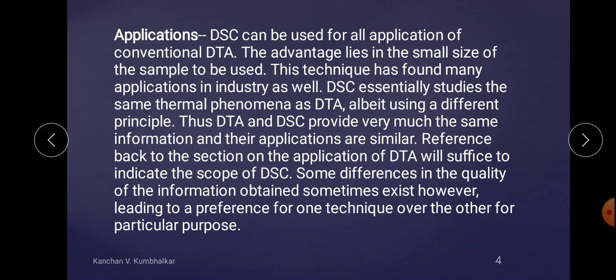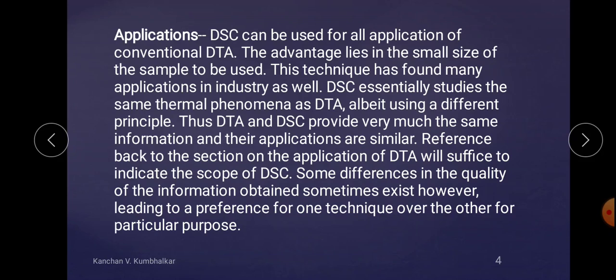But if at a particular temperature some reaction occurs, either an endothermic or exothermic reaction, the demand of heating power either reduces or increases, on the basis of which the heat supply to the sample and reference differs, and that is counted as the sense of delta H.